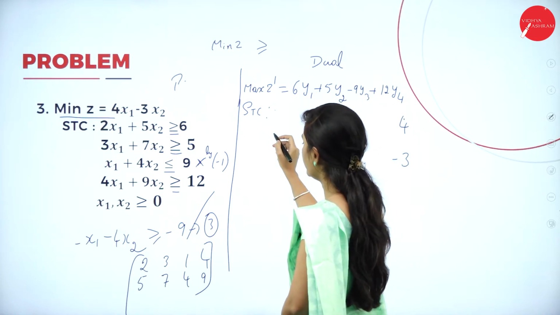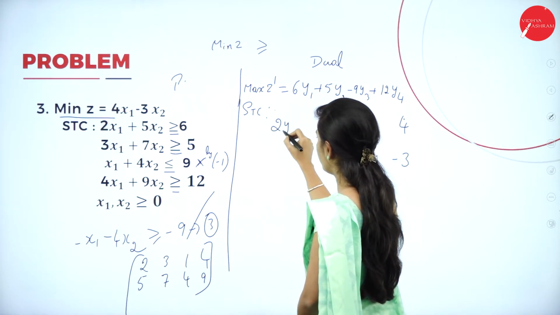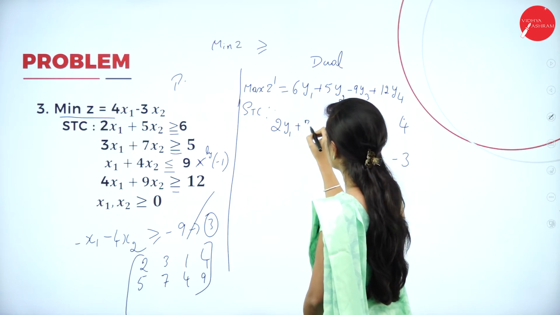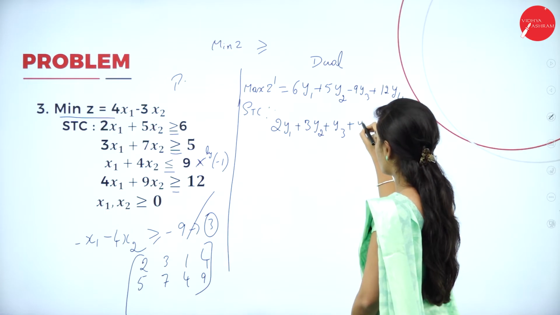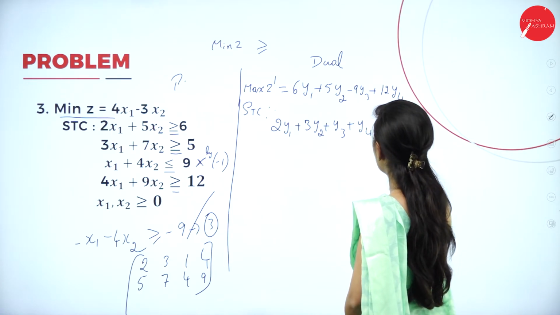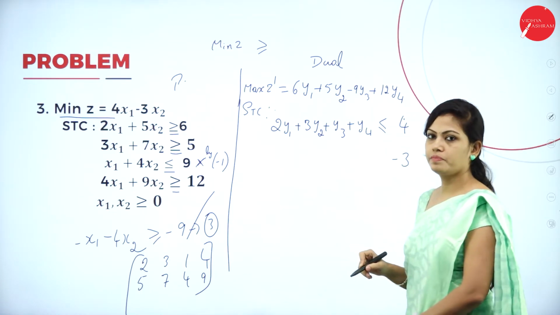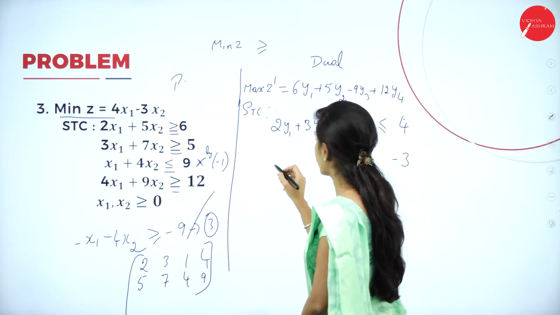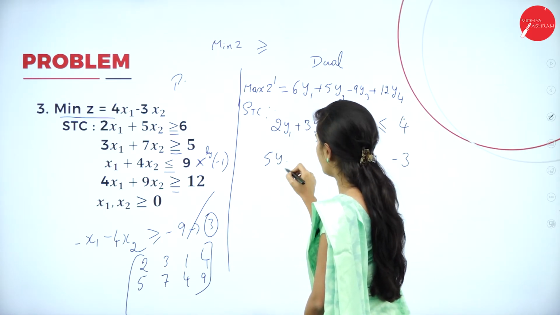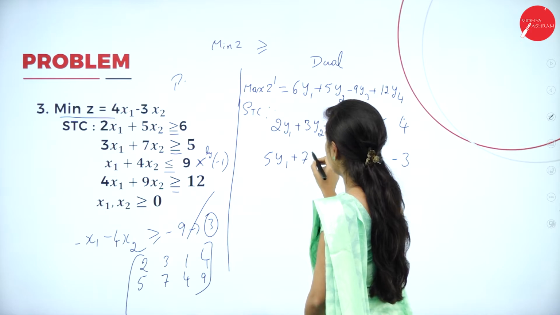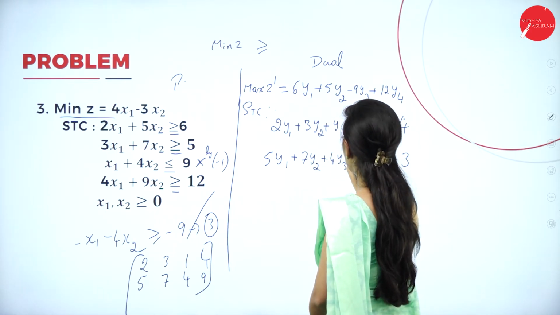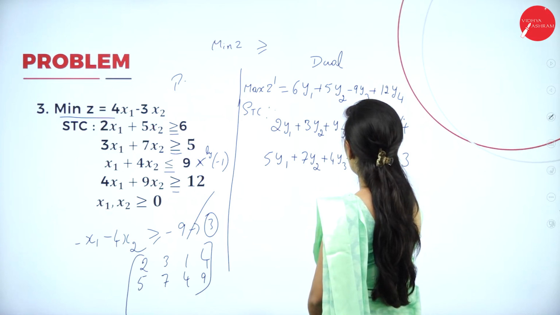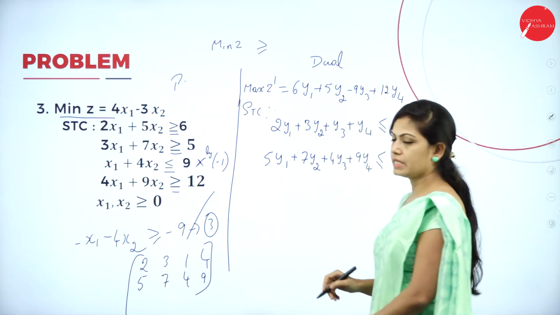I will write the constraints: 2y1 plus 3y2 plus y3 plus y4 is less than or equal to 4. And the second constraint is 5y1 plus 7y2 plus 4y3 plus 9y4 less than or equal to minus 3.